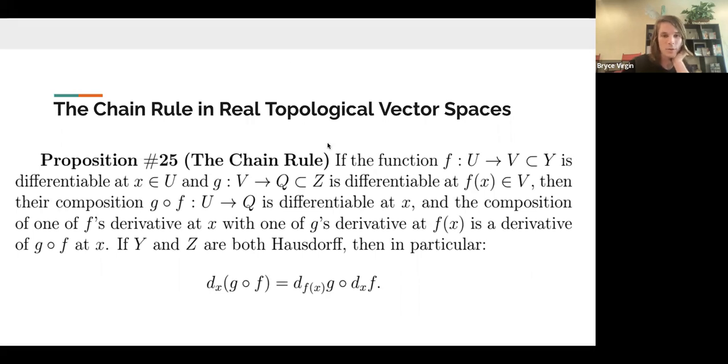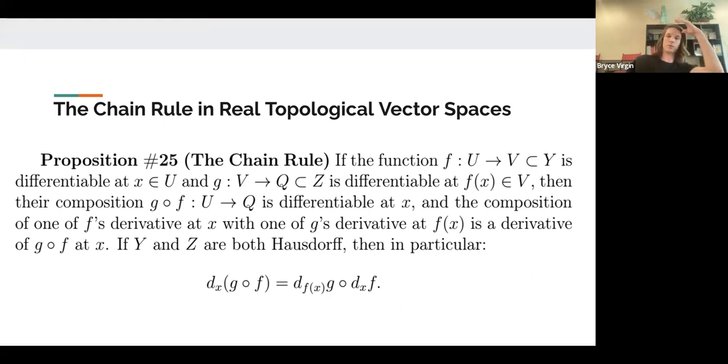Okay, so the chain rule. If we've got a function differentiable at a point in the interior of its domain, and another function which is differentiable at the image of that point, which is also in the interior of its domain, then their composition is going to be differentiable at the first point.